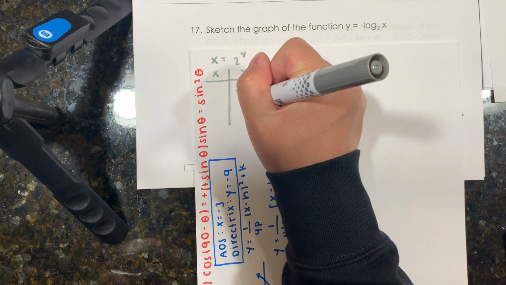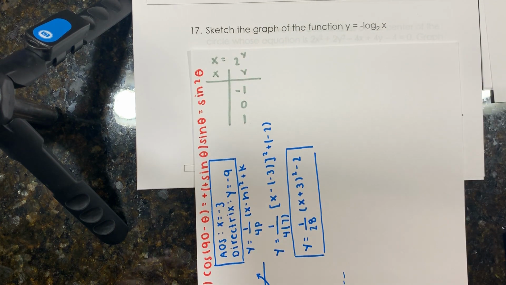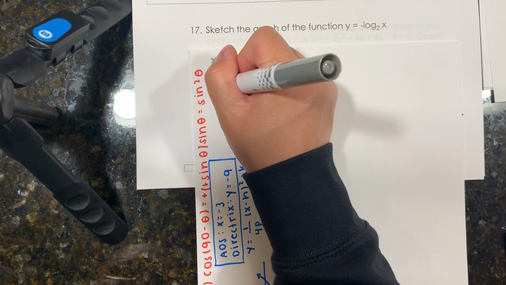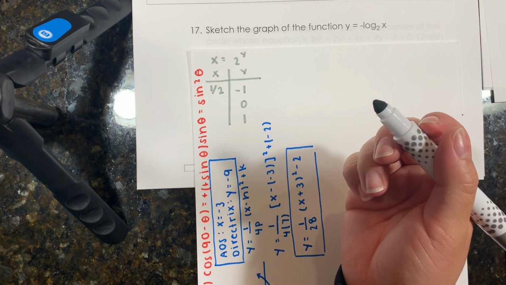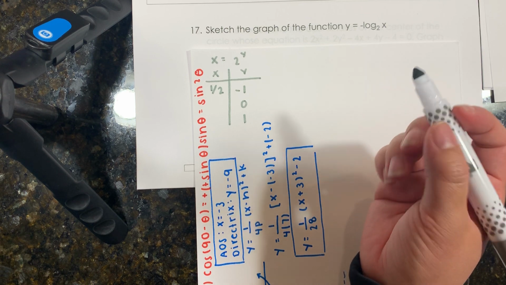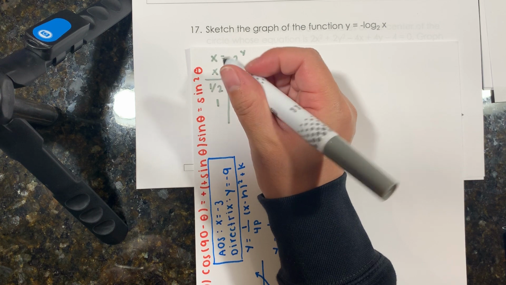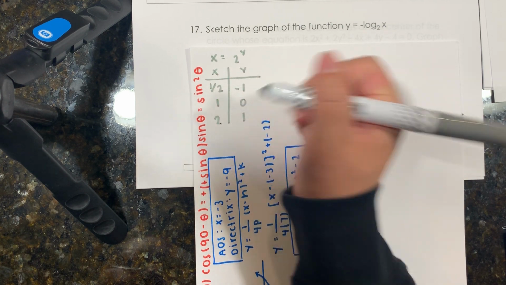I'm going to plug in -1, 0, and 1. 2 to the -1 is going to be 1/2. Then 2 to the 0 is going to be 1. Then 2 to the 1 is going to be 2.